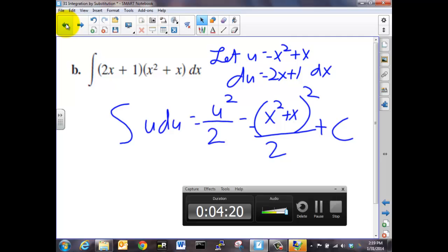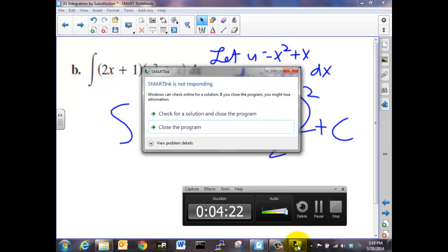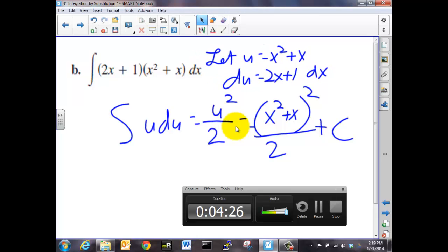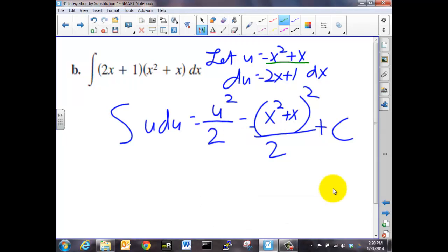But if you look at this and notice that when I do the u is x squared plus 1, if I put that in, then du is the derivative of that, and it's there. So then once you recognize that it's a simple problem, the answer should be (x squared plus x) quantity squared over 2 plus c. Yes, sir?